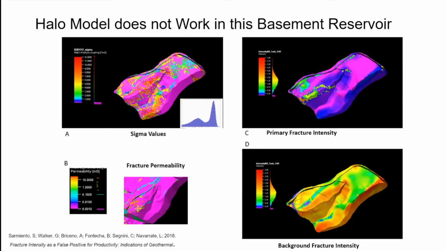But one of the possible explanations why the model didn't work, and I will elaborate in a second, was that the fractures opened by these early tectonic events were occluded by hydrothermal fluids that reacted with the host rock and occluded that aperture and permeability.